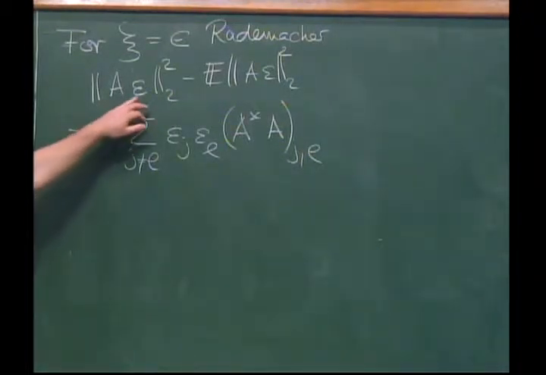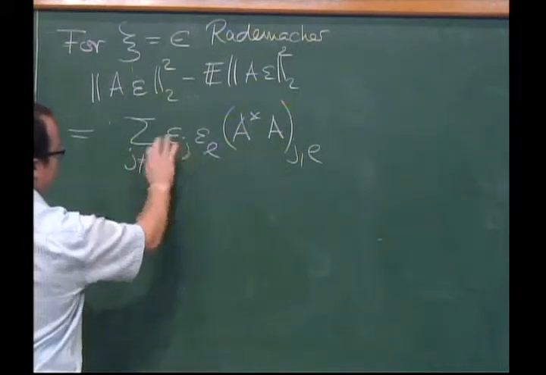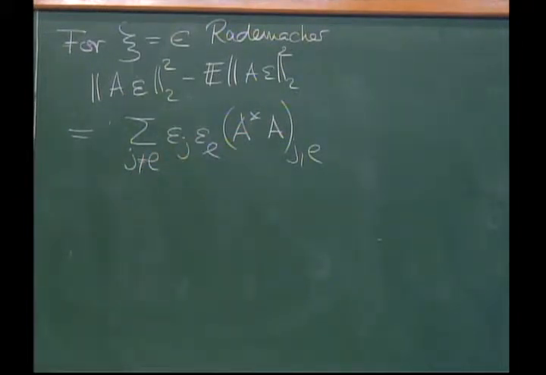If you have more general random variables, you don't get the same term for the diagonal part, so you have to actually subtract that, and then you need some extra steps to estimate it, but in the Rademacher case, you get a plain expression like that.